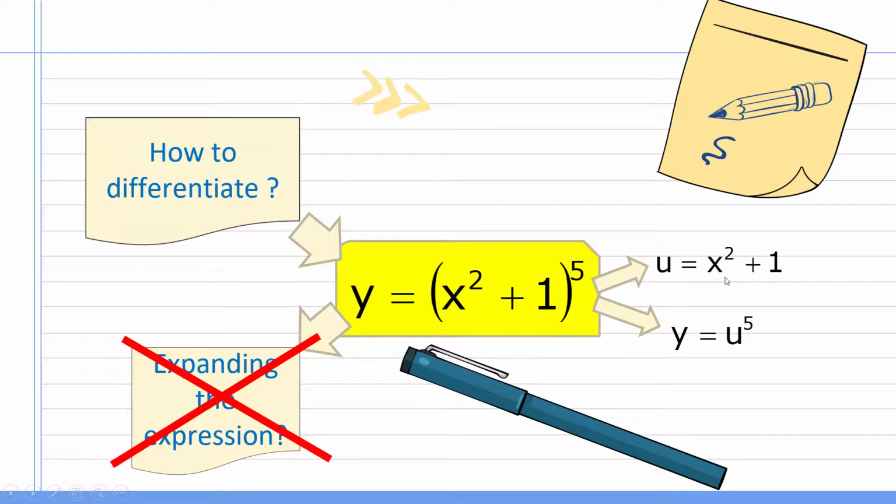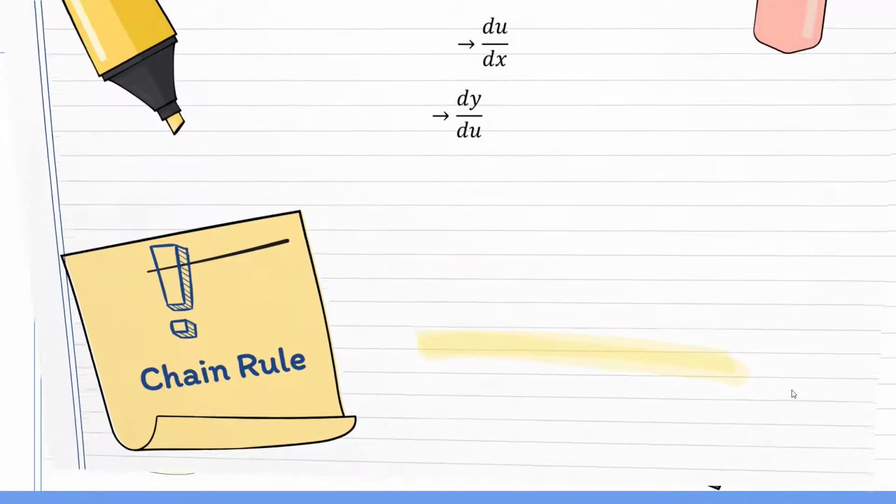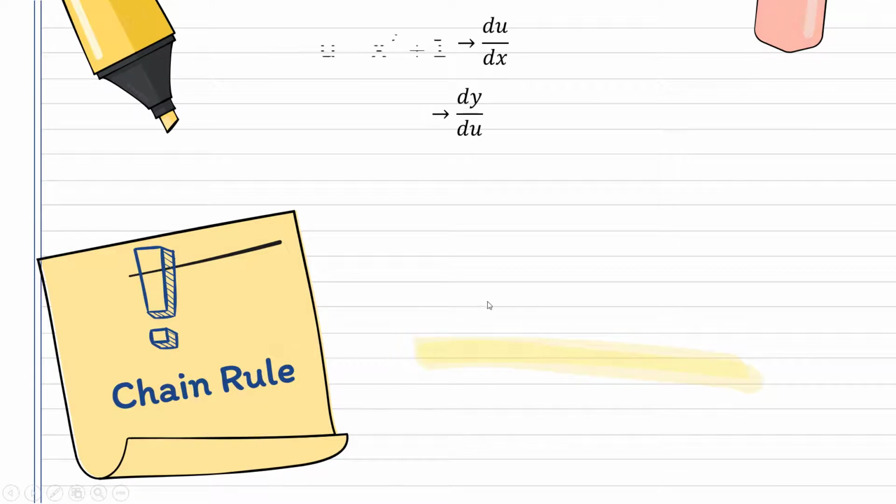After having x squared plus 1 as u, then y will be u to the power of 5, right? Then we can differentiate them independently. For u, which is x squared plus 1, the function is u and the variable is x, so we differentiate u with respect to x. It is named du/dx.